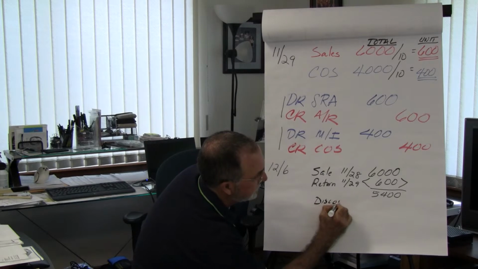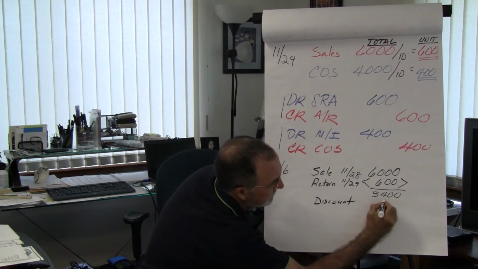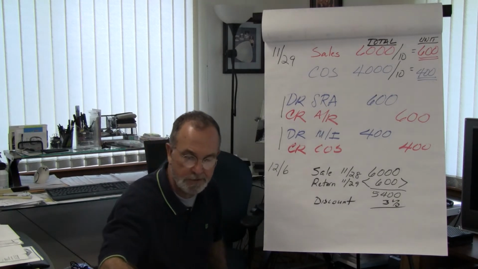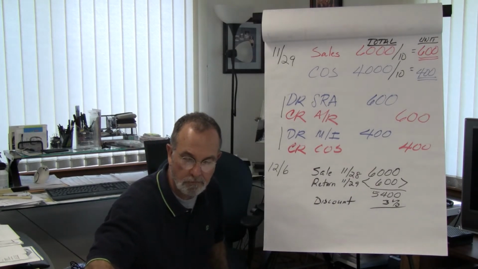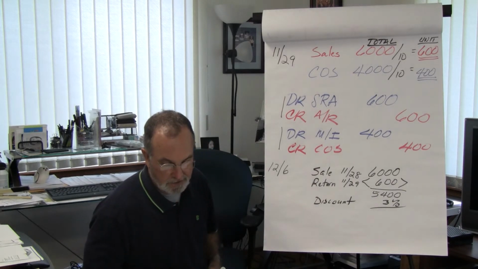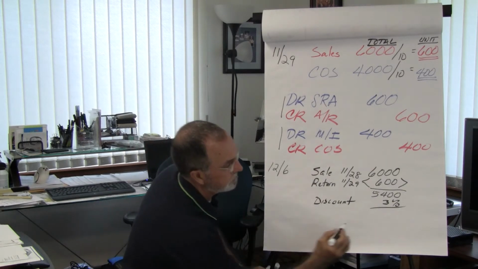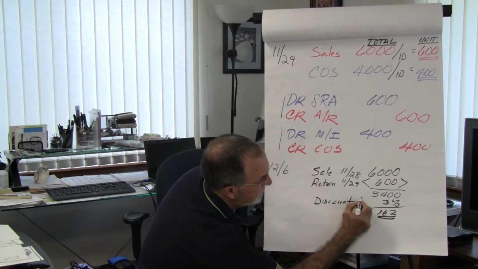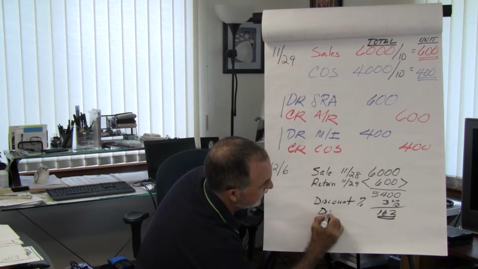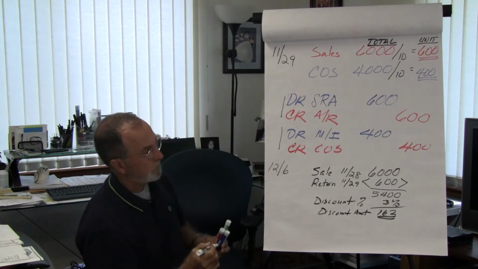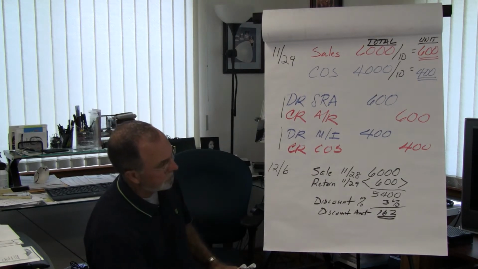And so we need to show that discount calculation, 5,400 times 3%. And that's $162. This is the discount percentage, and this is the discount amount. So what will the payment be?